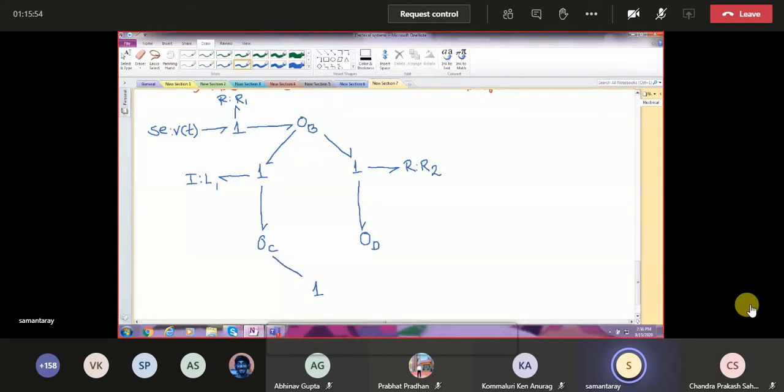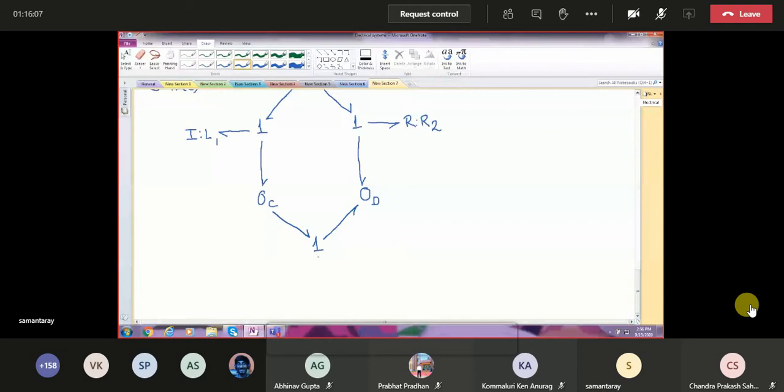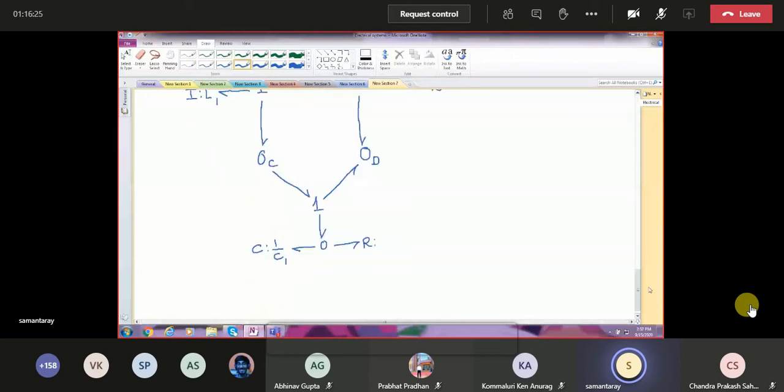What is present there is a 0 junction, with these two 1 by P1 and R is to something. What is there? R is to R3.